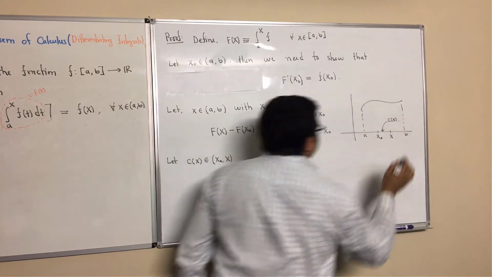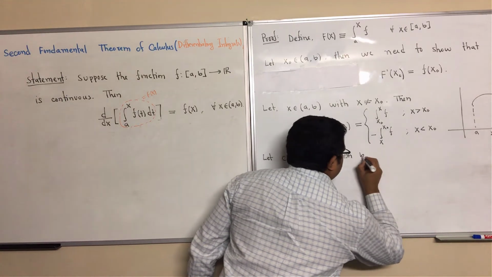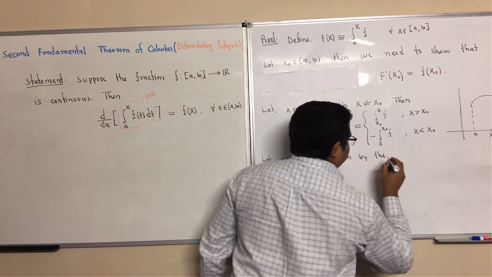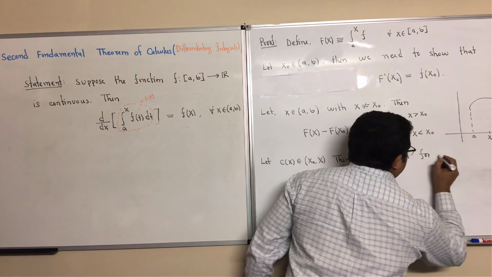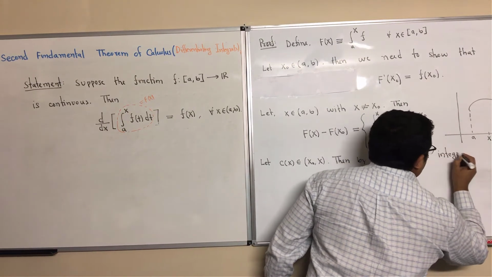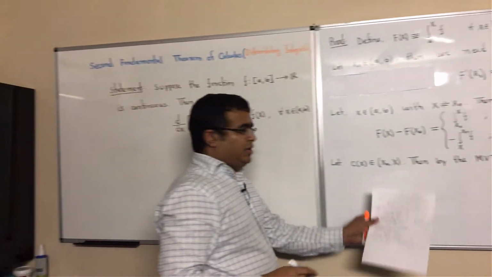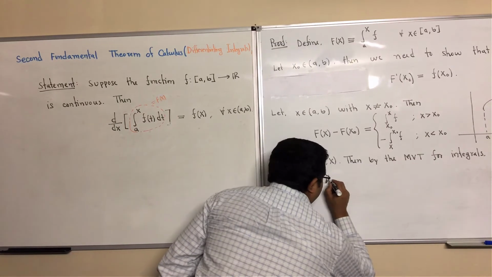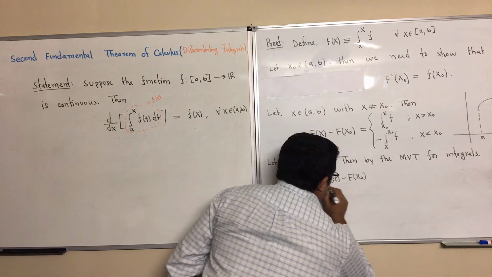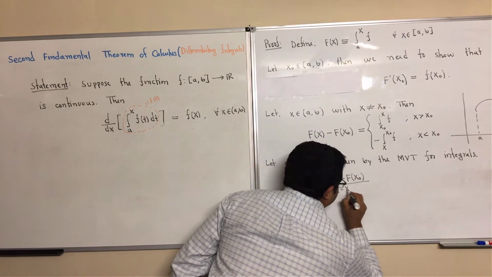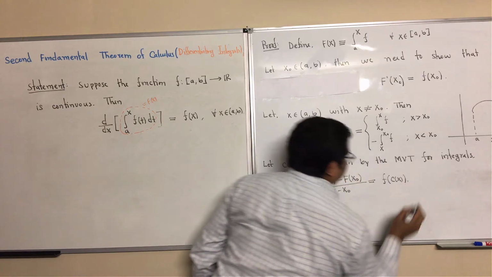Then by the mean value theorem for integrals, we have F(x) minus F(x0) over x minus x0 equals f(c(x)).